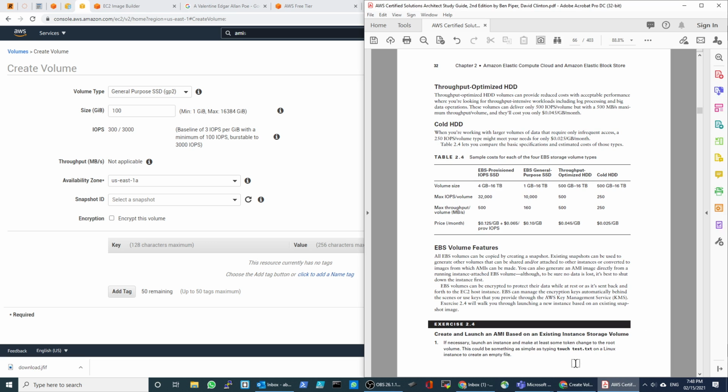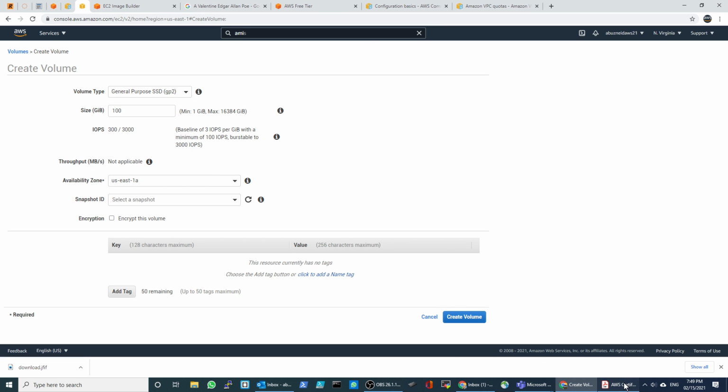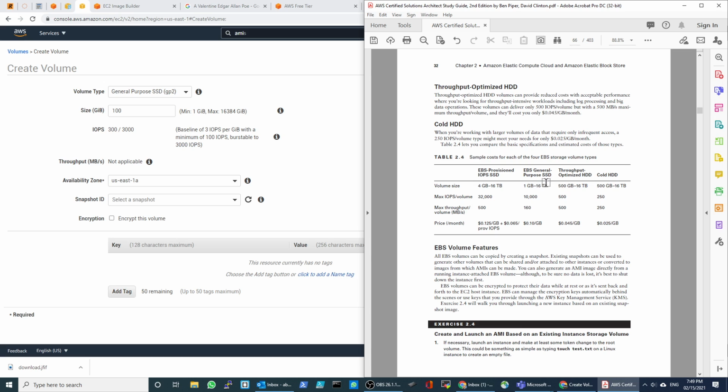So as you see in here, we have the Provisioned IOPS SSD, the General Purpose SSD here, then throughput, then Cold, and then a comparison.